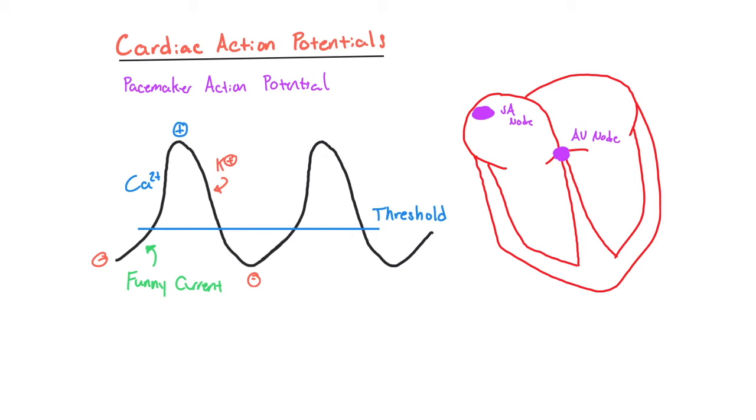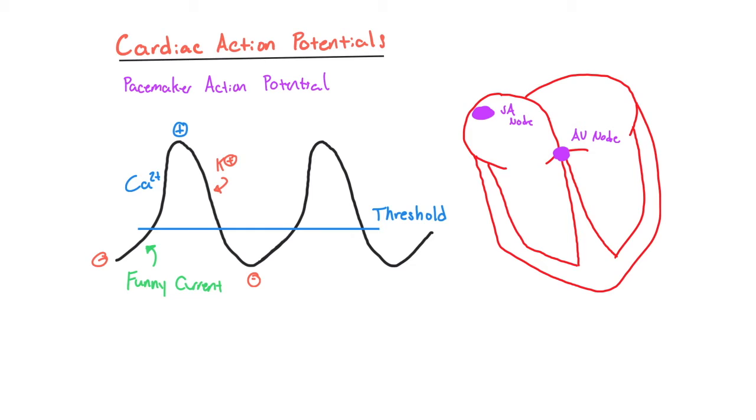Another interesting note that is important to remember in this section is that while both the SA node here and AV node can produce these action potentials on their own, the rate at which each of these triggers action potentials is different.